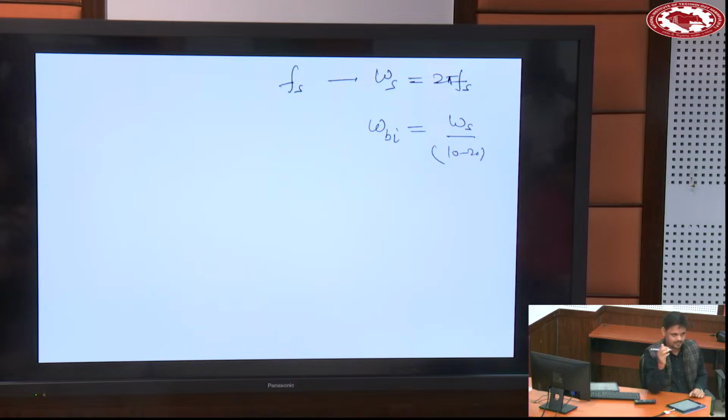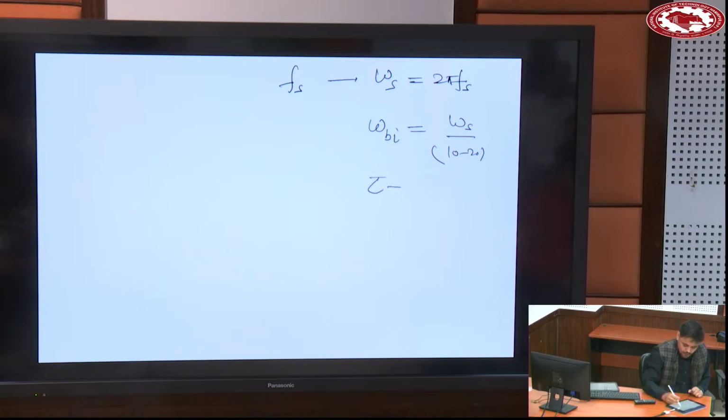So how will you choose the time constant? I am telling you, first notice what the switching frequency of your converter is. Then convert it into omega s, which is 2 pi fs. Make one term omega bi, which is omega s divided by 10 to 20, depending on your choice; 10 to 50, it does not matter much.